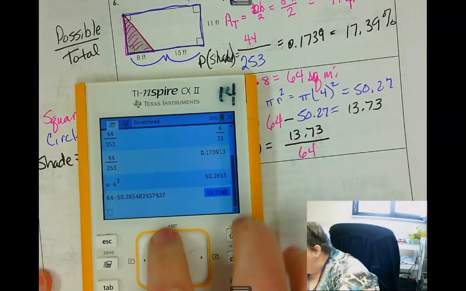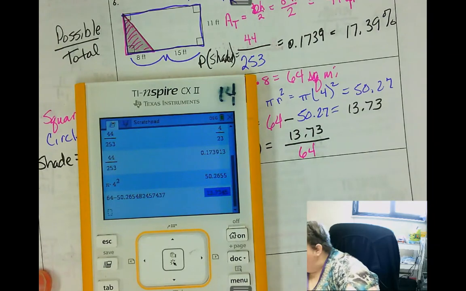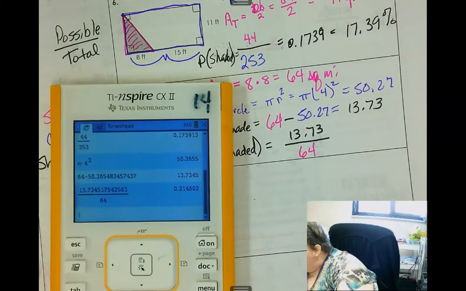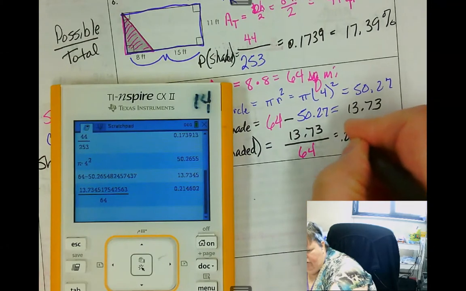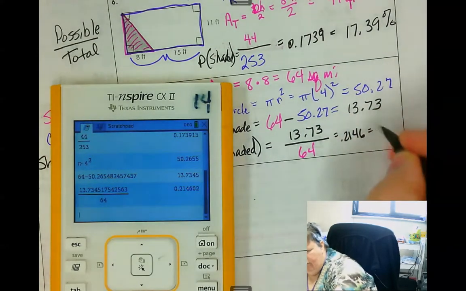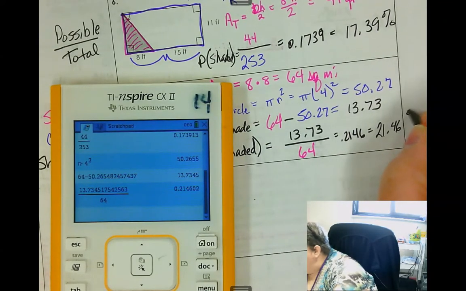I'm just going to arrow up and grab that divided by 64. Enter. That gives me 0.2146, which equals 21.46%.